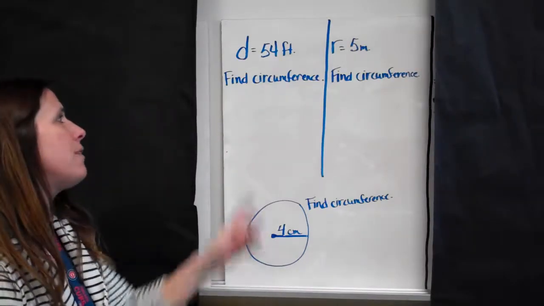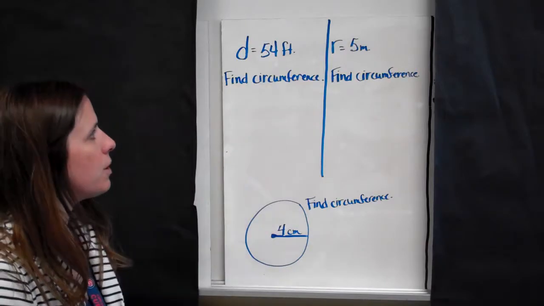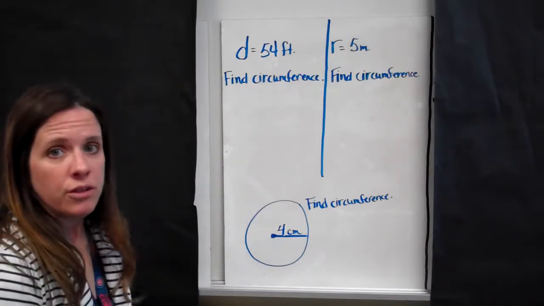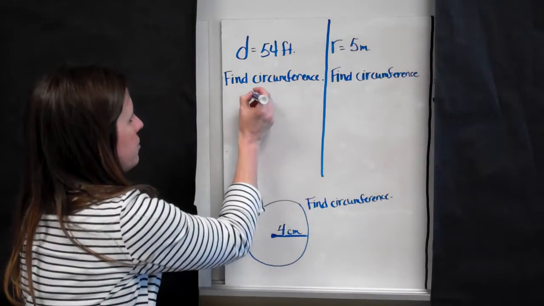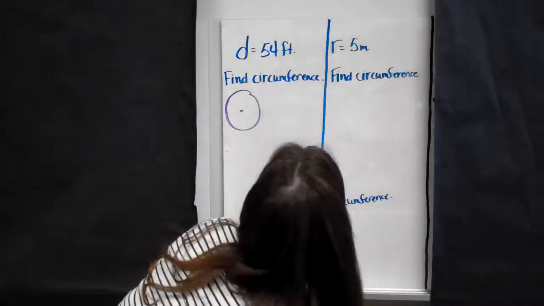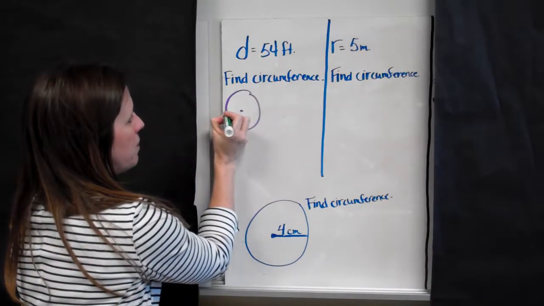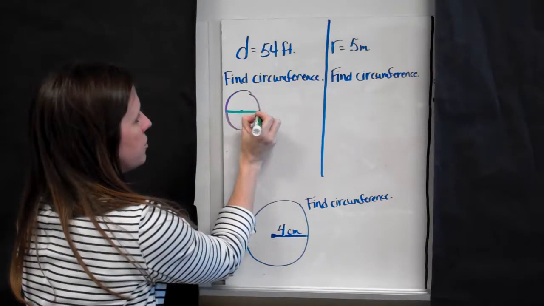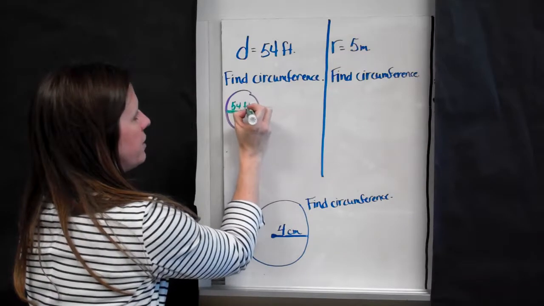In the first one I have a diameter of 54 feet, and I want you to find the circumference. So draw a picture so you can see what this looks like. Draw your best circle. Put a center. Diameter is 54 feet. So you're going to draw a line from one point on a circle through the center to another point, and you're going to label that 54 feet.